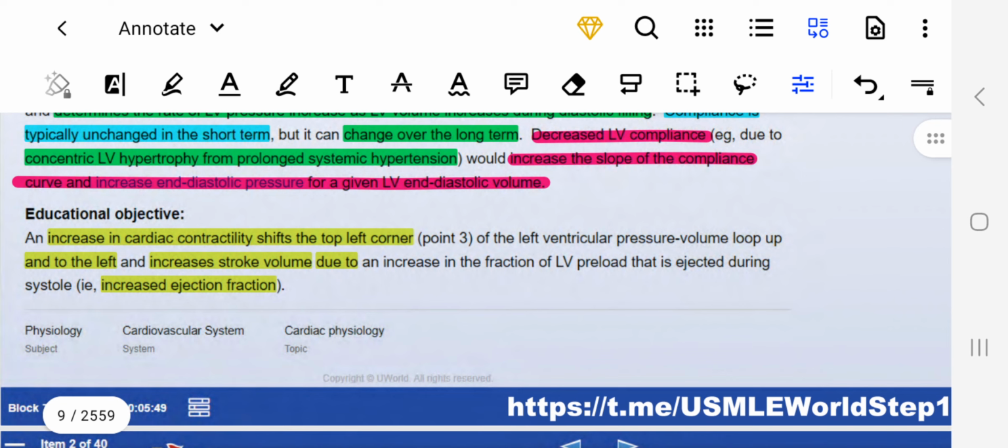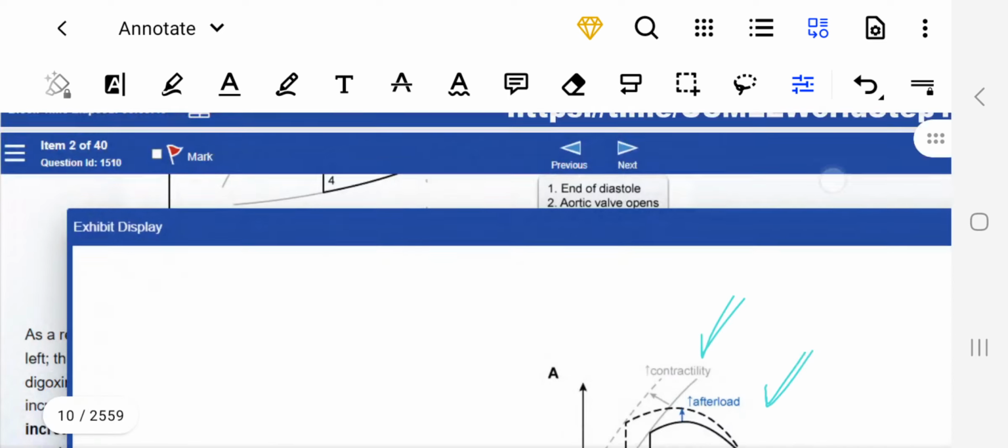Okay. So what is the educational objective? An increase in cardiac contractility shifts the top left corner up and to the left, right, and increases stroke volume due to increased ejection fraction. Since the ejection fraction has increased, the stroke volume is also raised, right?